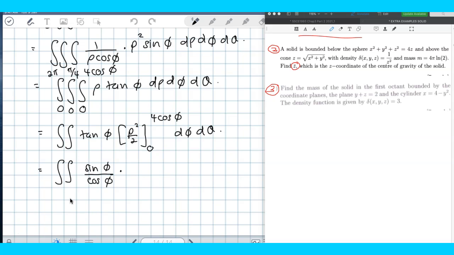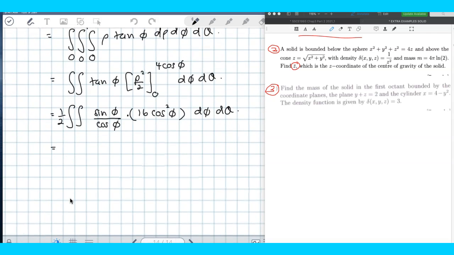I can put the 1 over 2 outside, so 16 cos squared phi minus 0, d phi d theta, and then I can simplify this to be 8 sine phi cos phi d phi d theta.